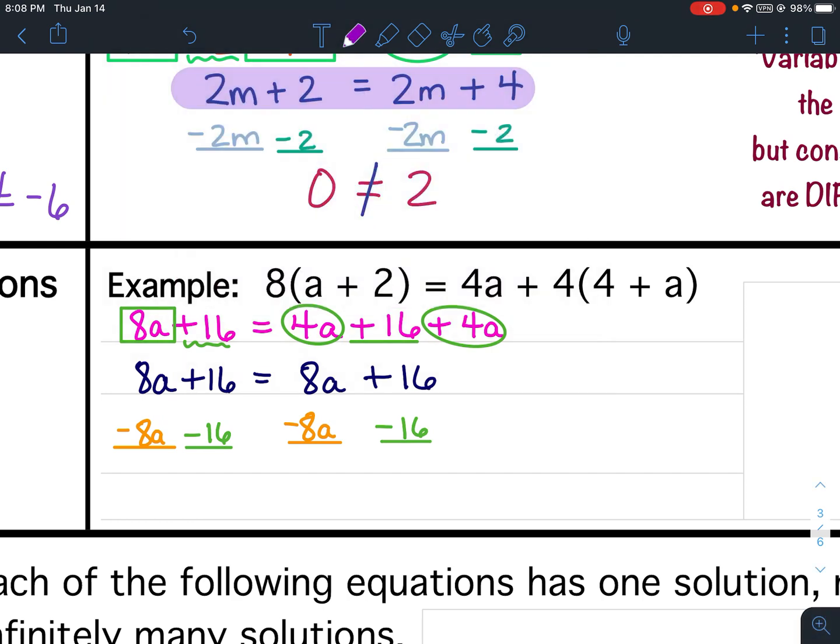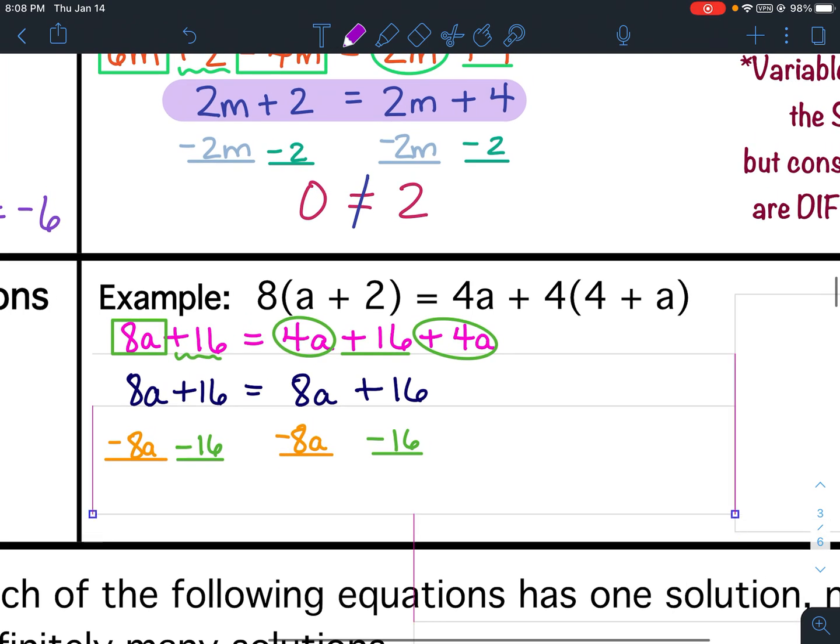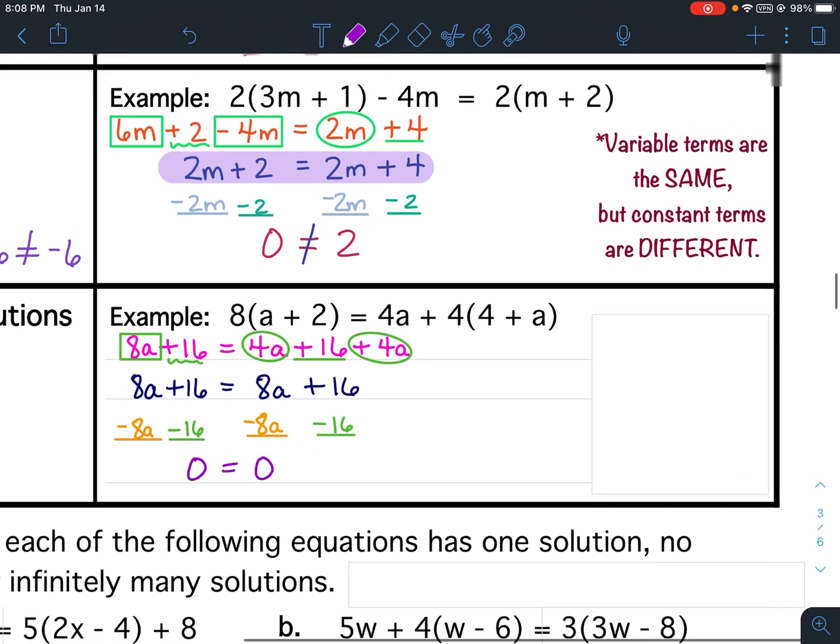And what would happen if you did that? Everything would cancel out, and you would get 0 equals 0. If you only canceled the variable terms out, you would get 16 equals 16. If you just canceled out the constant terms, you'd get 8a equals 8a. So in other words, if you get the exact same thing on both sides, it is an infinitely many solutions problem.